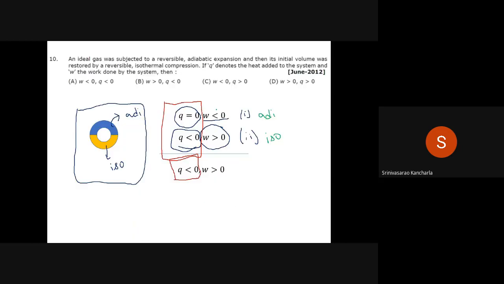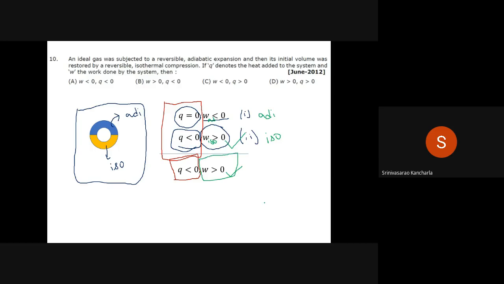So if you see this one, this is the adiabatic work, I consider it as AD, and this is isothermal. So this is the dominating factor. When W greater than 0 is dominating, the resultant will be less in quantity, but the sign of isothermal will be followed, so you will have W greater than 0.